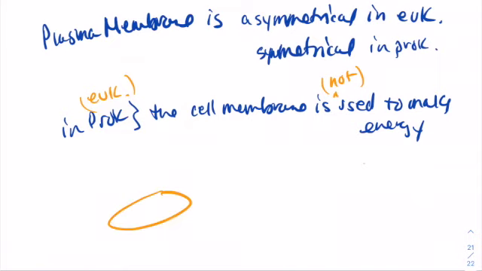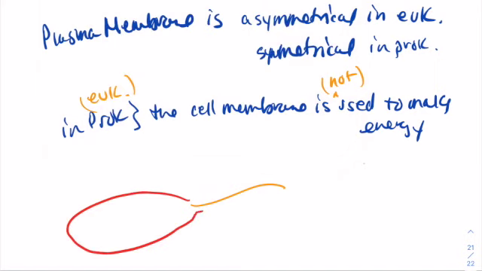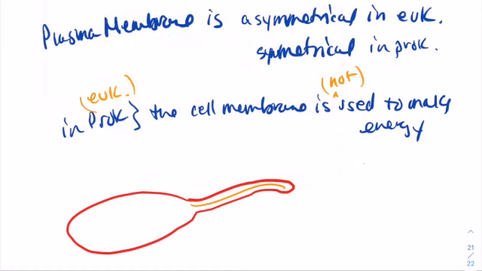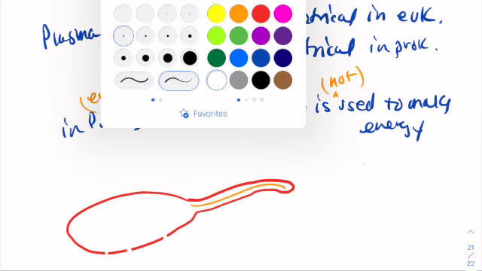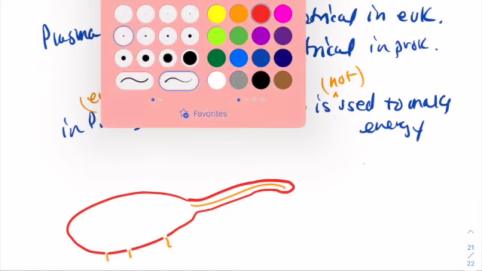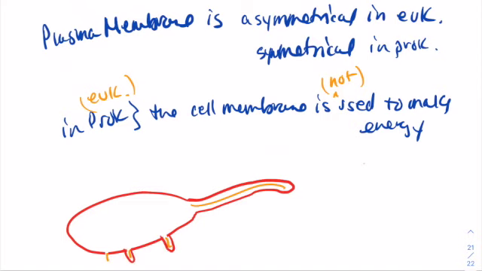If you have a eukaryotic cell with flagella, that flagella is covered with cell membrane, so it's technically inside. It's the same deal with cilia, which are just shorter versions of flagella, but they too are covered with cell membrane.